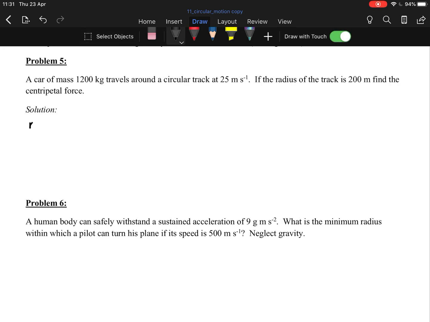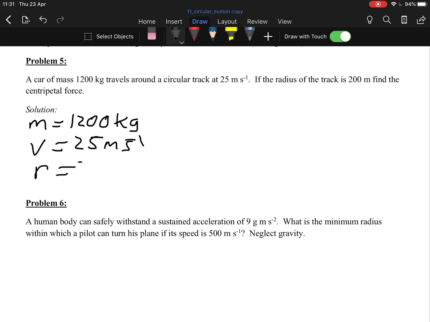Problem 5. A car of mass 1,200 kgs is traveling around a circular track. So keep all our information on the left hand side. M equals 1,200 kgs, v is 25 meters per second, the radius is 200.